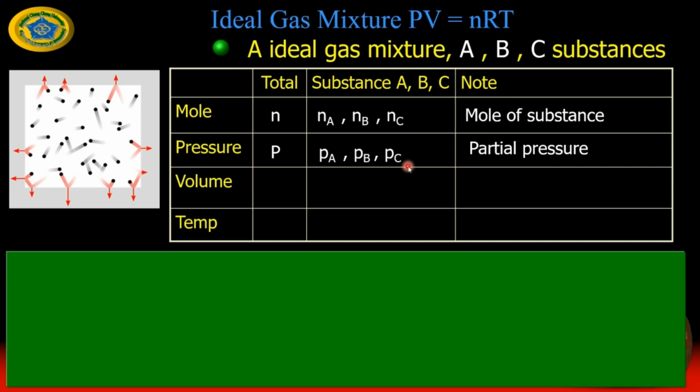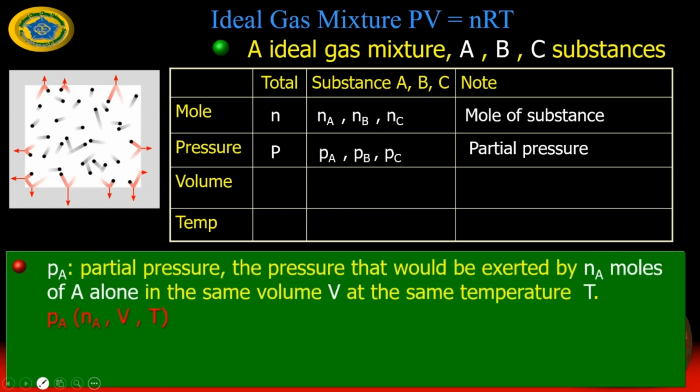So what is partial pressure? The definition of partial pressure is the pressure that would be exerted by Na moles of A alone. Ladies and gentlemen, remember alone. There's no B and C, which means there's no interaction, because this is an ideal gas.